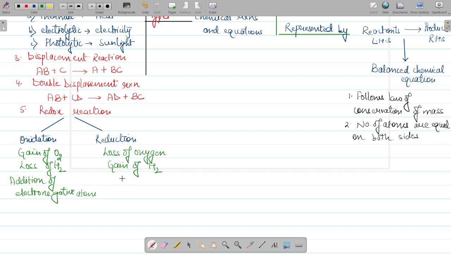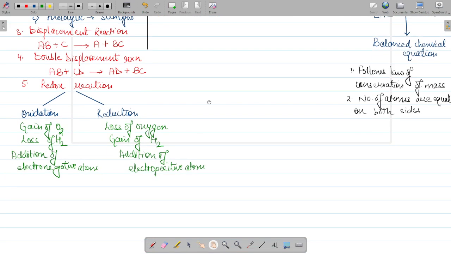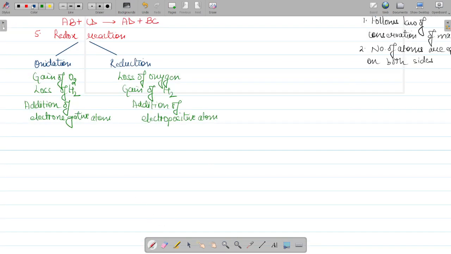But in the case of reduction, there is the addition of an electropositive atom.